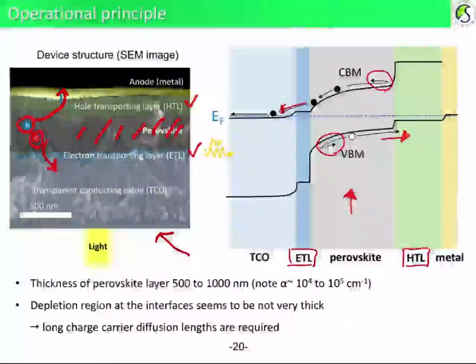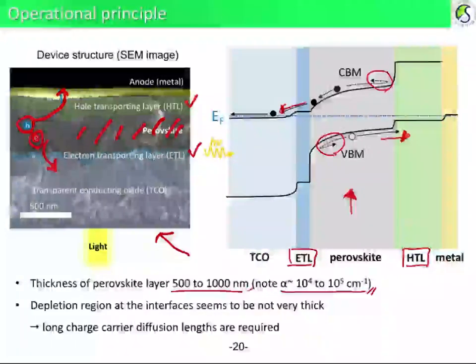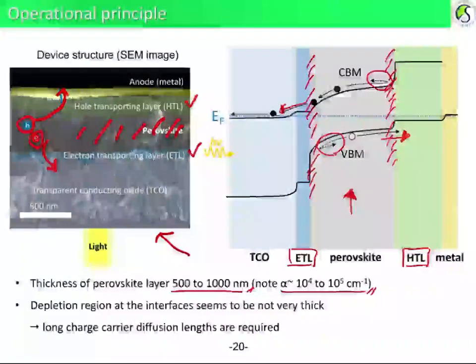And owing to the high absorption coefficient, the typical perovskite layer is around 500 to 1000 nanometer. And as you can see, the depletion region at the interfaces seems to be relatively thin, which means that the depletion layer is localized at each interface with the selective contact.